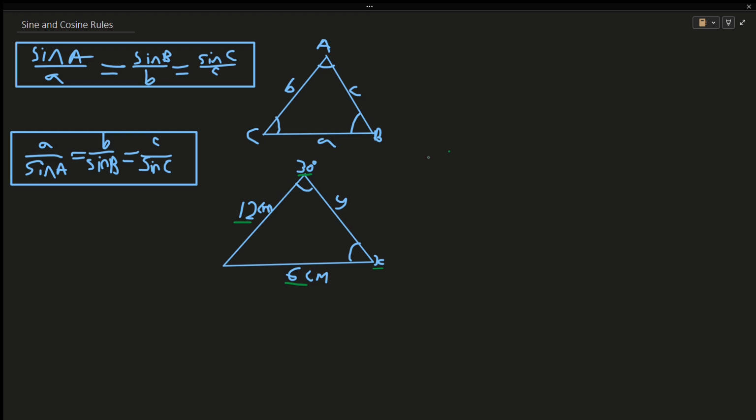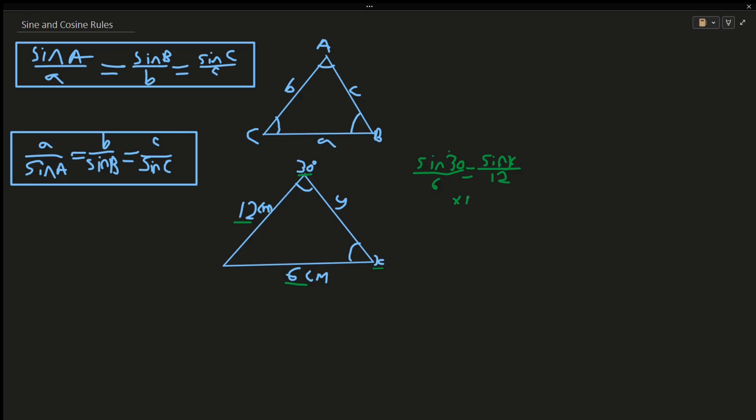So we'll have sine 30 over 6 is equal to sine of X over 12.